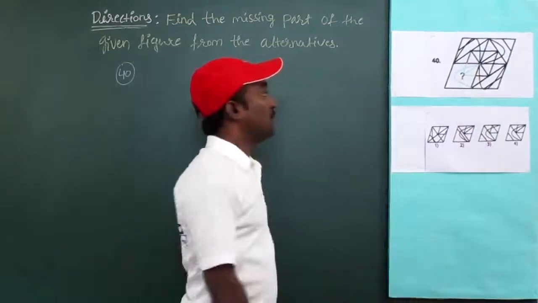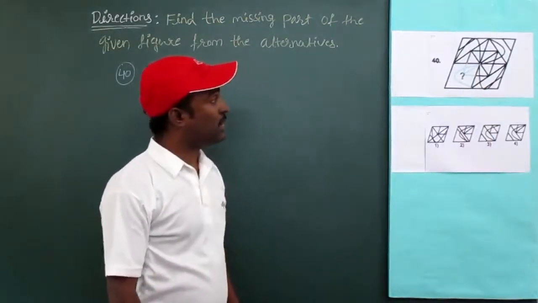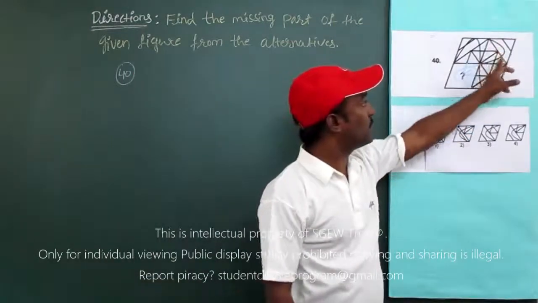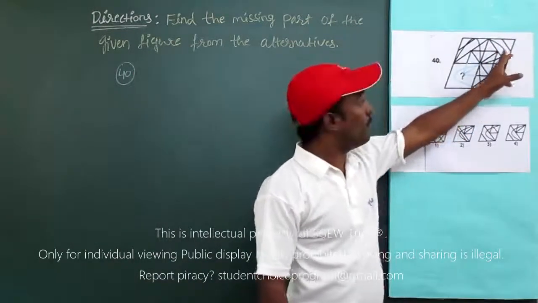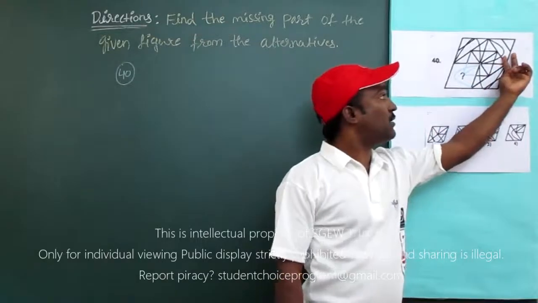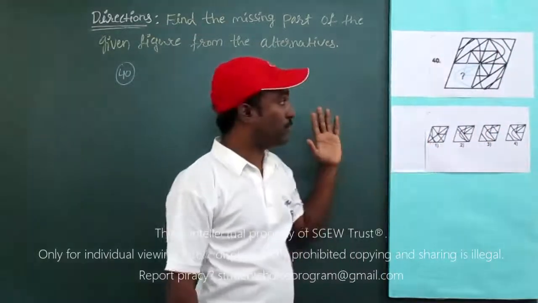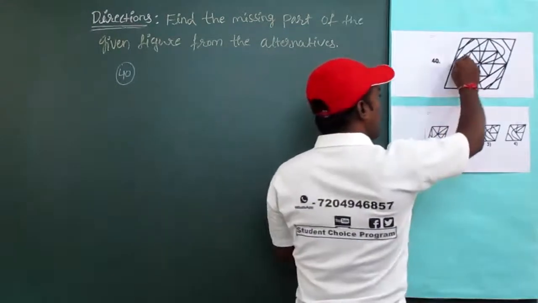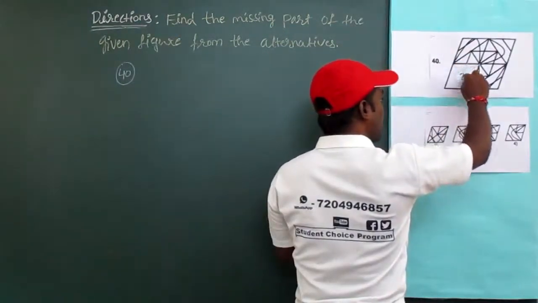Now if you see, there are two inclined lines here, first and second, which are having a broad gap between them. So I will draw that line here. I will draw that first line.